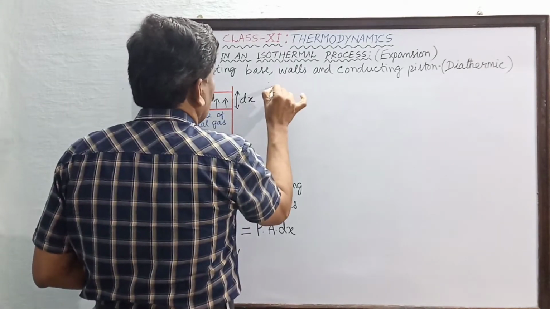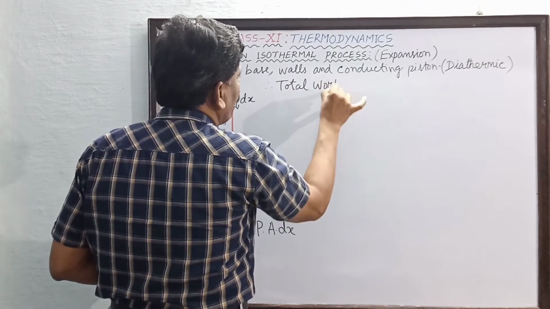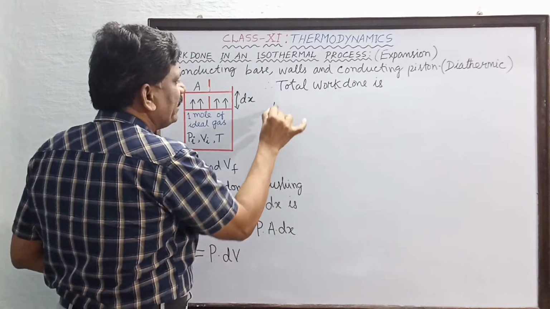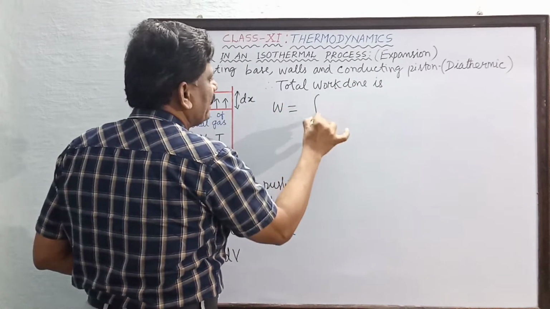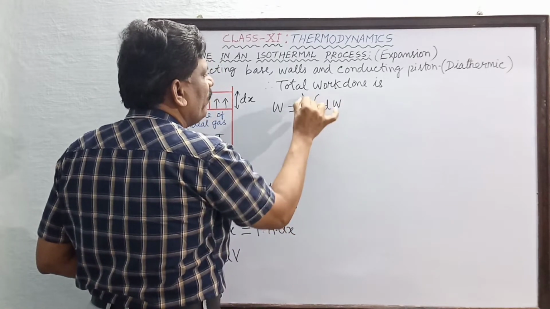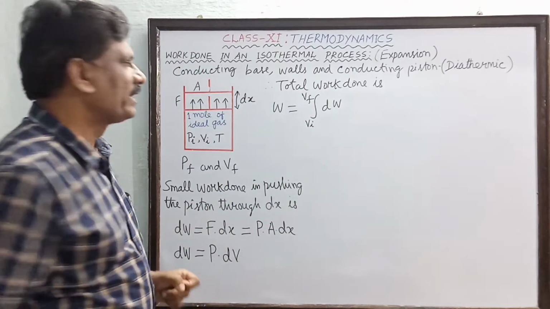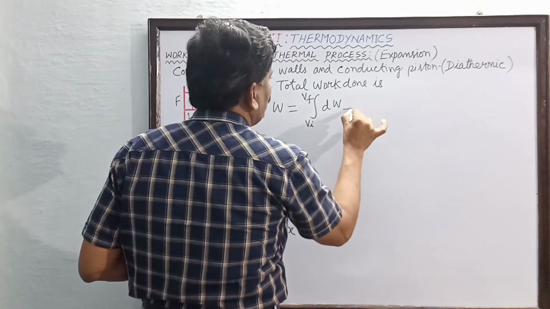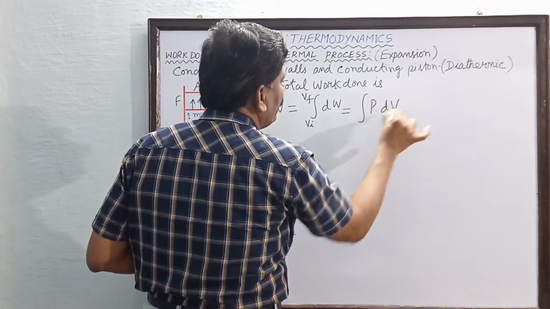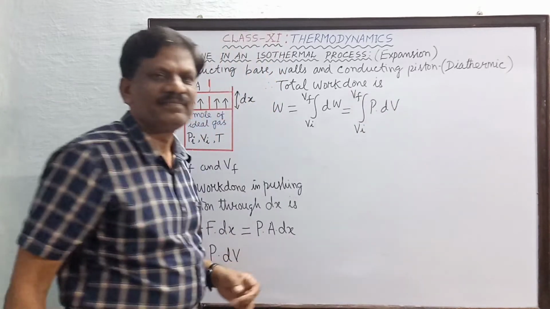Therefore, the total work done during an isothermal process is denoted by W, and that is equal to the integral of dW from the initial volume Vi to the final volume Vf. So this is now equal to the integral of P dV, where the volume changes from Vi to Vf.